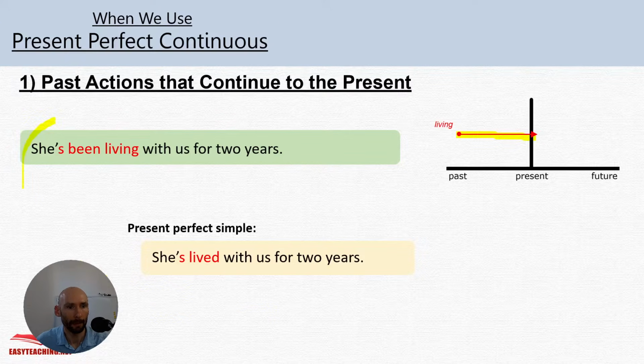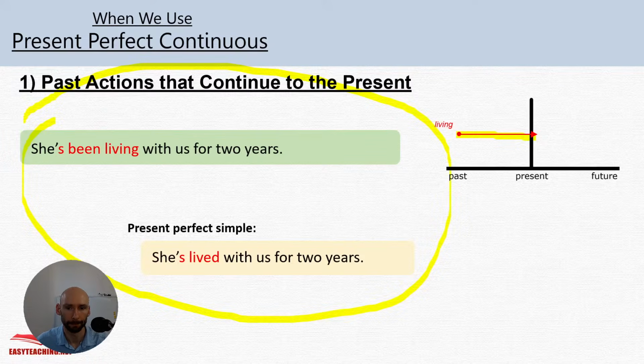Okay, let's compare these sentences. There is a slight difference in meaning between them. Present perfect continuous suggests a more temporary situation. She's been living with us for 2 years. By temporary, I mean something that might not be continuing for too much longer. Maybe she's got plans to move out. Maybe she was never going to stay there for too long.